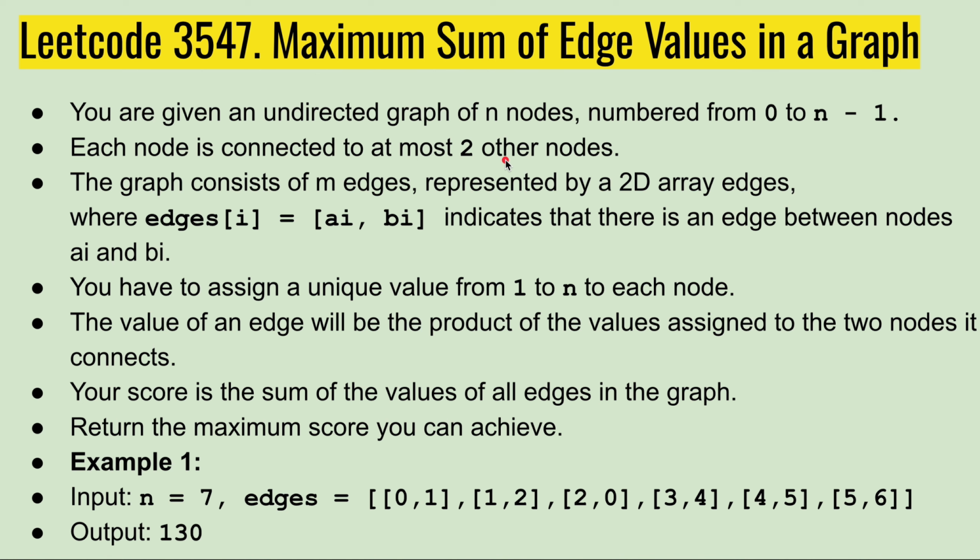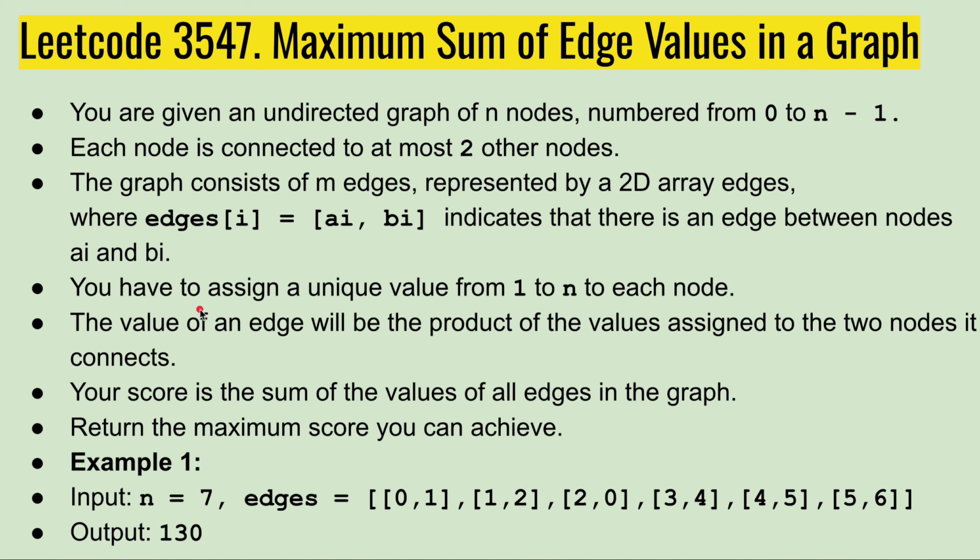Okay, now it is saying the graph consists of m edges, represented by a 2D array edges, where edges[i] is [ai, bi], that indicates that there is an edge between nodes ai and bi.